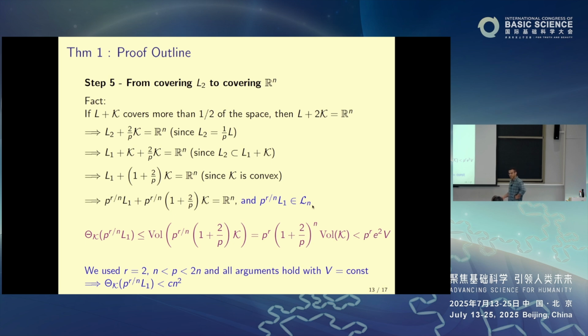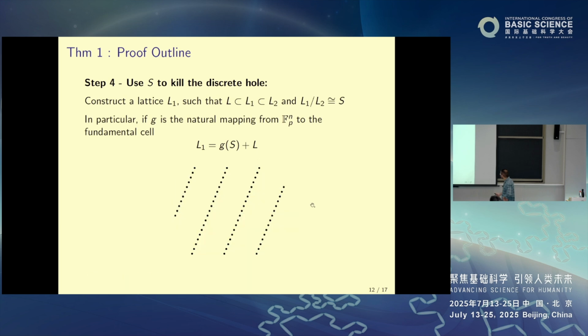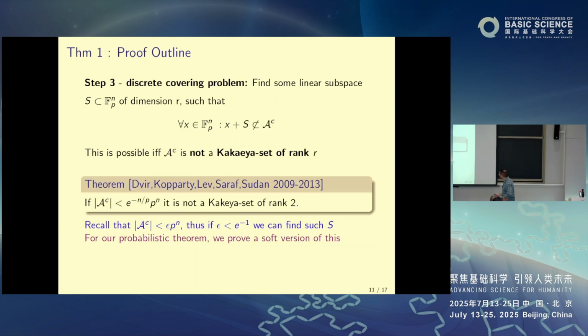Question: r equals 2 in the Kakeya argument, because Kakeya will work with lines as well? Yes, it works with lines, but if I go back to where I use it, yes. So for a line, you do not get a fraction.